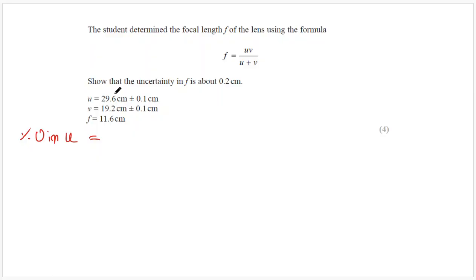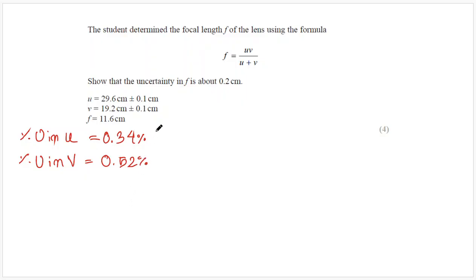It's 0.34%. Then you find out the percentage uncertainty in V the same way. That's 0.1 divided by the value, 19.2, times 100. That gives you 0.52.